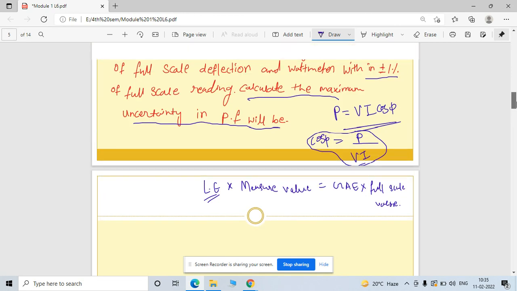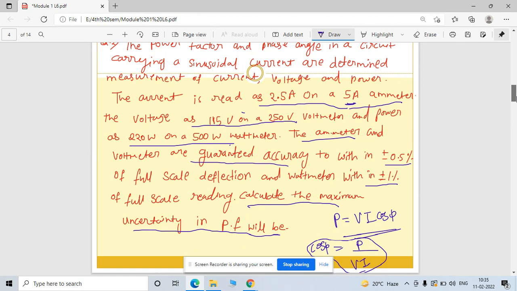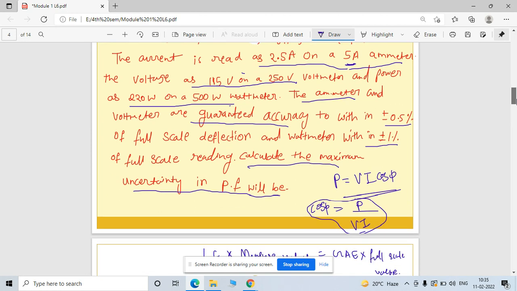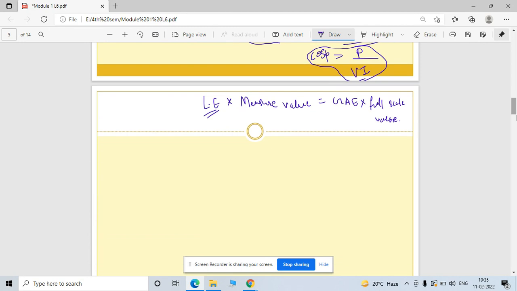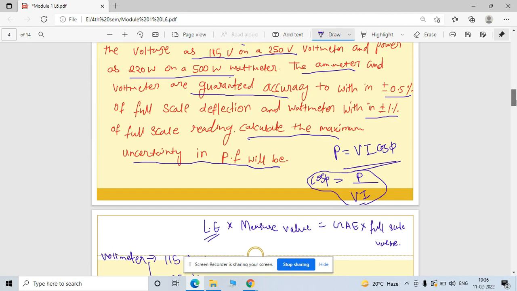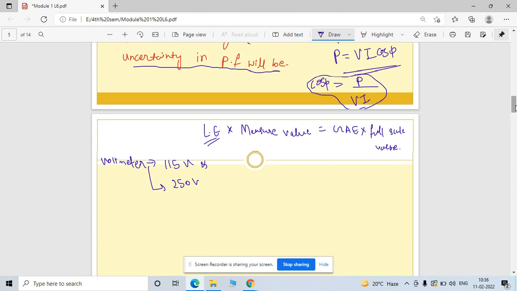So in the case of the voltmeter, it is 115 volt into 250. If I am talking about the voltmeter, guys, solve this and tell me the answer. For the voltmeter, the measured value is 115 volt, and this is your measured value, right? And this is your full scale value, 250 volt. And the guaranteed accuracy is plus minus 0.5%.